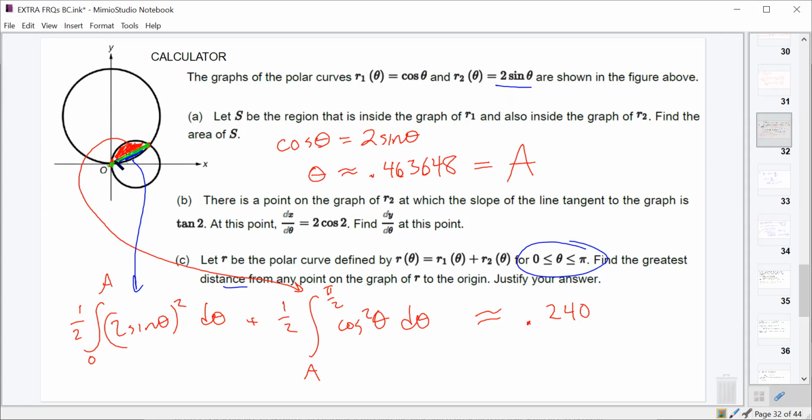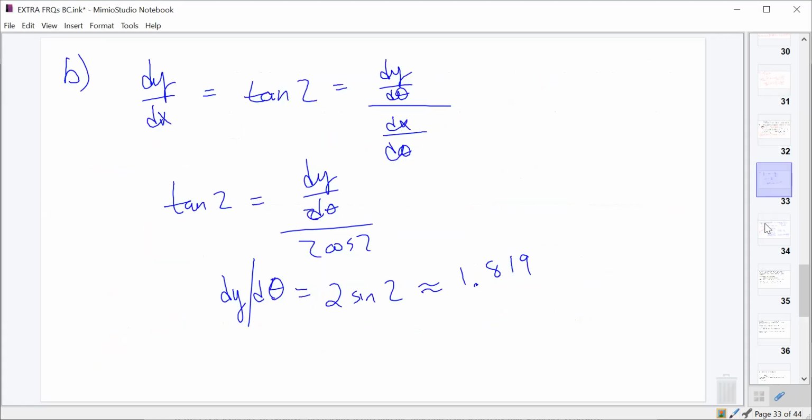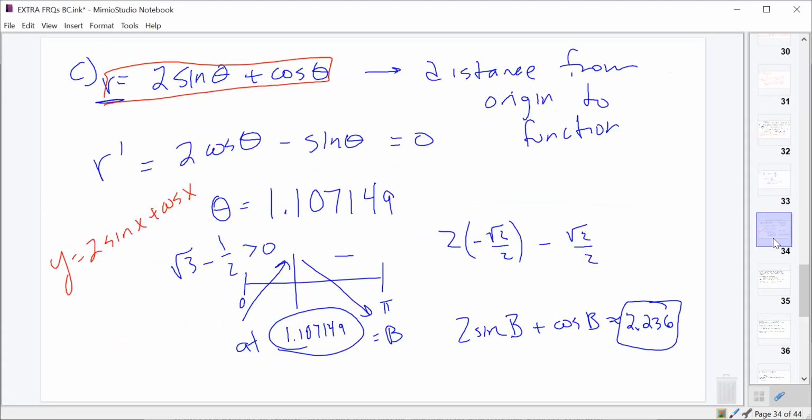And then the red piece is just cosine theta starting at 0.463, coming around until I get to cosine of pi over 2, which is 0, which tells me I'm back at the pole. So that's all the stuff above that green line. Does that make sense? Does that answer your question, Ryan? Yeah. Cool. All right, everybody feel okay about that one now?